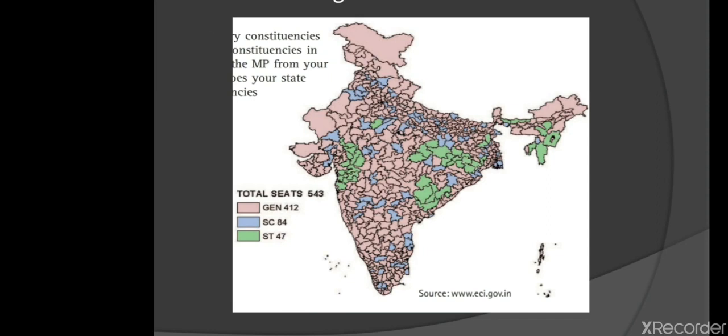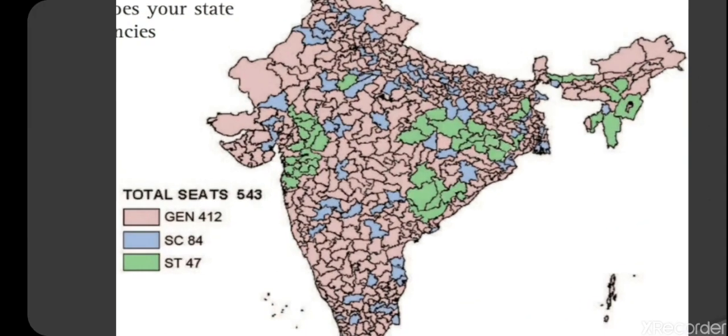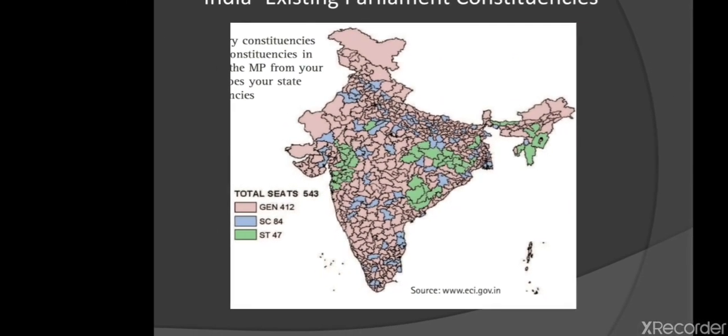So general has 412 seats, a larger number, then this blue part is for scheduled castes. Wherever these scheduled caste areas are, only people from the scheduled castes can stand for elections, and the green part is for the scheduled tribal areas, and from that part only those who are from scheduled tribes can stand for the elections.